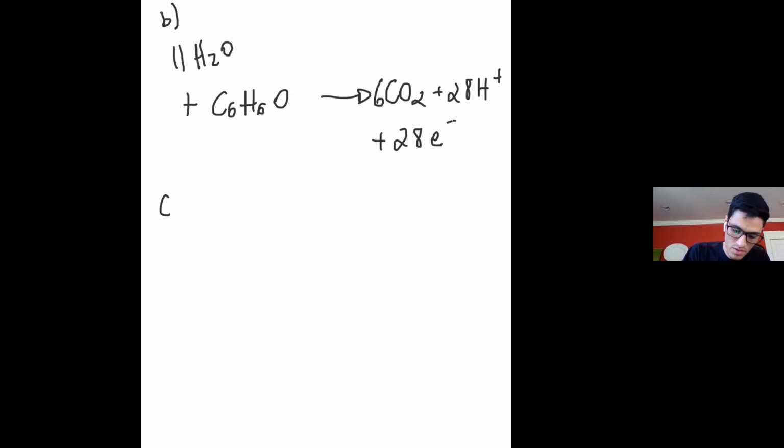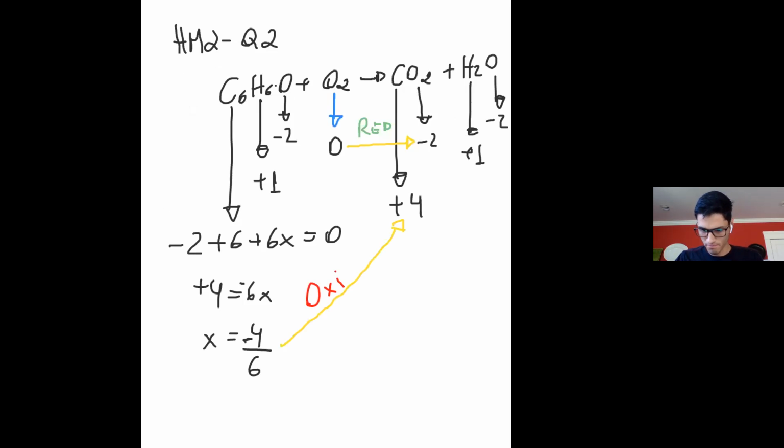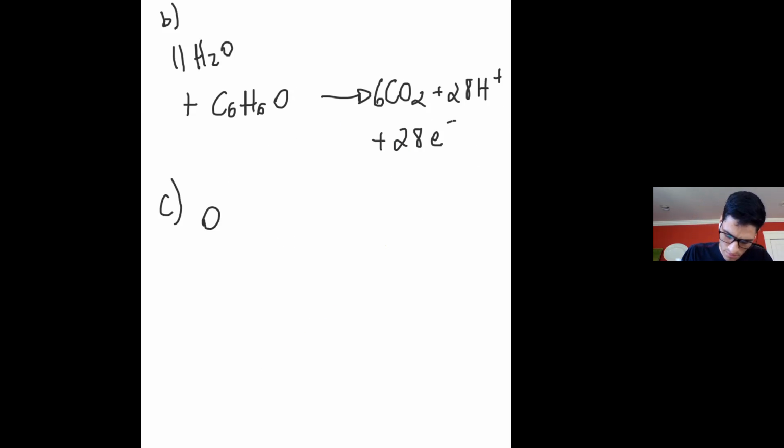Now let's go to part C, which is the reduction reaction. And if we look back here, our reduction reaction is oxygen to CO2. So let's go back in here. So we have O2 going to CO2, and we're going to do the same thing that we did before. Wait, we have the CO2 here.